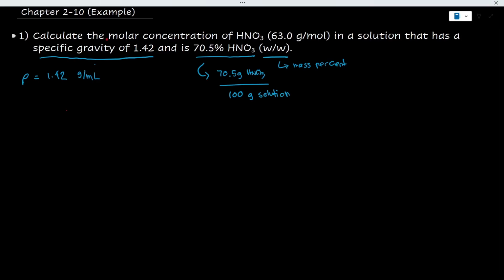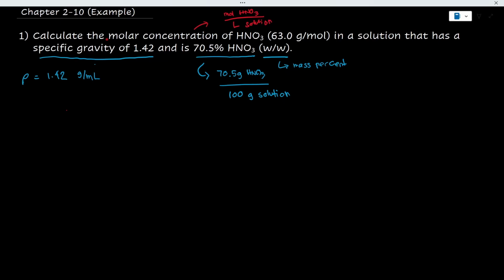Our goal here is to get a unit, which is molar. Okay, specifically mole of HNO₃ over liter of solution. And we will use the specific gravity and the mass percent to solve this problem.